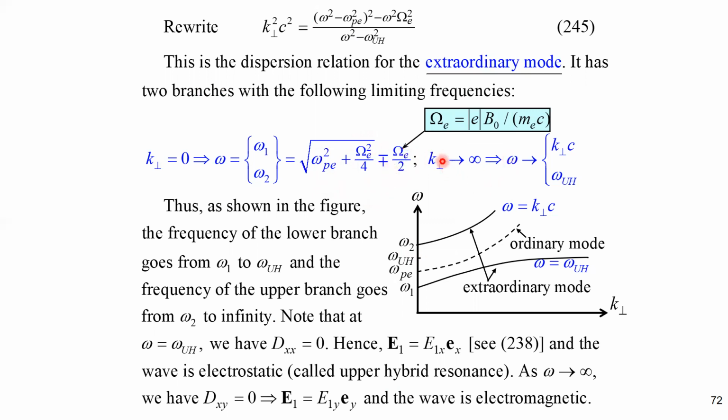Okay, so this tells us what happened here. Another is K perpendicular equals infinity, which has two solutions. One is omega UH, when omega approaches omega UH, and the other is another extreme.